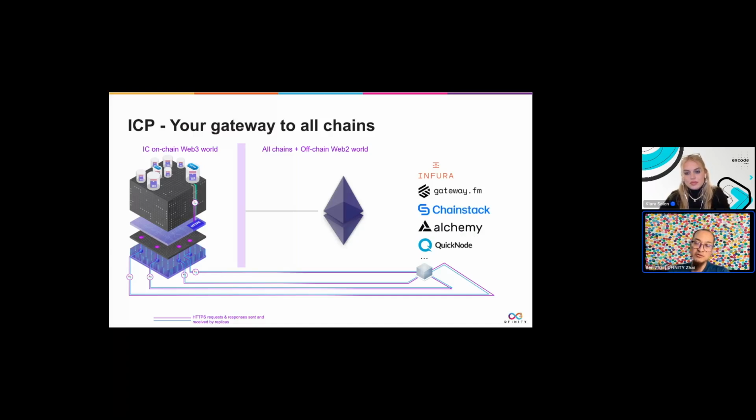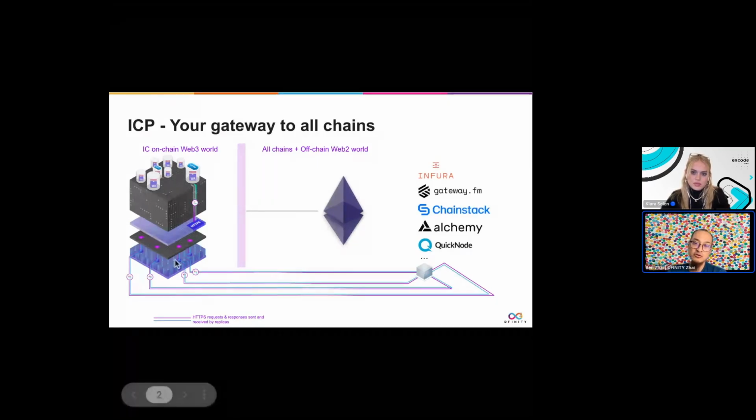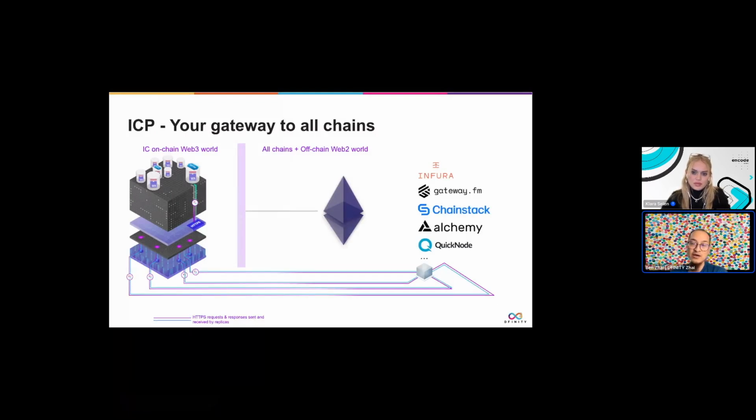ICP is your gateway to all chains, in the sense that we have the unique opportunity for you to make HTTP outcalls from within your canister smart contract. This is not possible on any other chain that I'm aware of, and it's one of the most unique features of the Internet Computer.